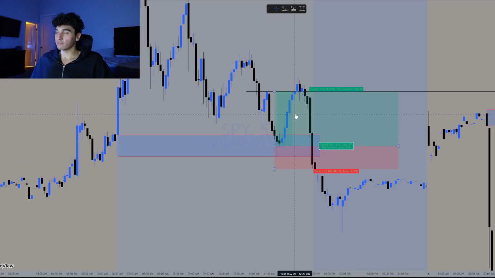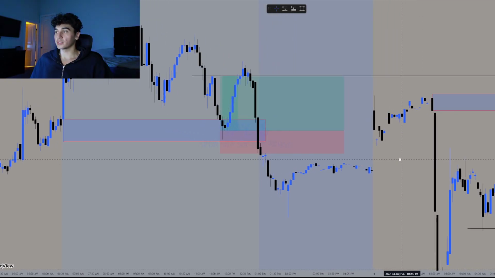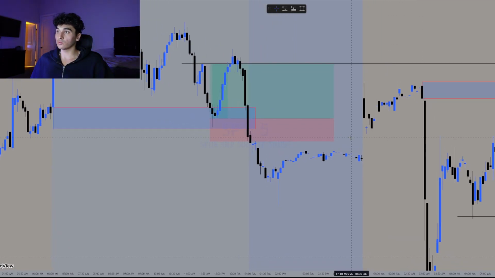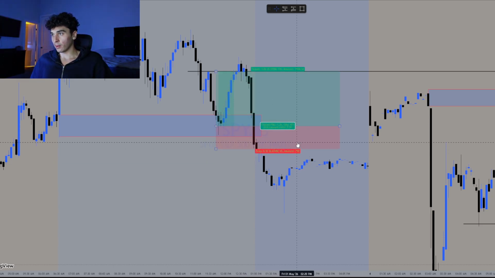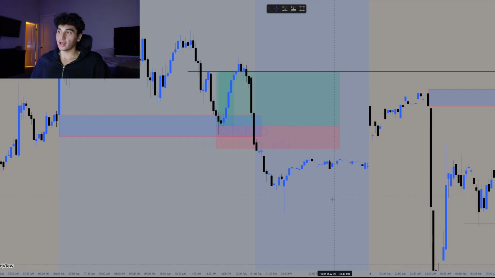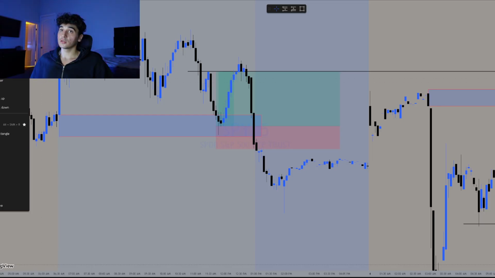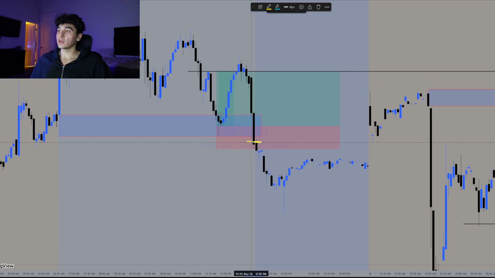And then eventually it ended up invalidating the zone, which is another example that I want to show you guys. This is what a true invalidation would look like. Obviously, market closed here, but it doesn't really matter whether market is closed or not. The invalidation, as you can see, is where price breaks below and continues lower, where our candles would break below and actually close below that zone, right?